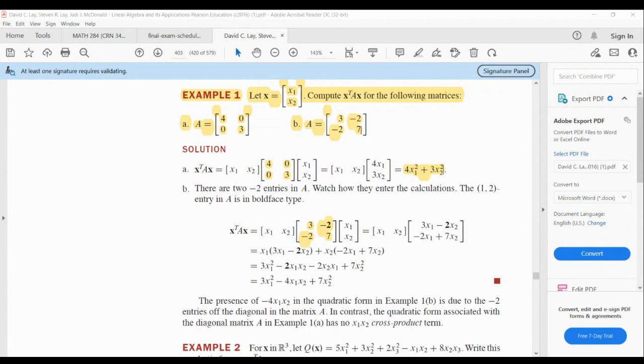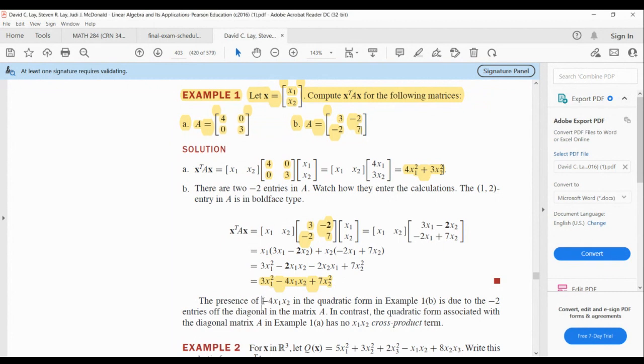And so when you do the matrix multiplication, you end up with a quadratic form expression that has, I want to say it the right way, an x1, x2 term. That's called a cross product term.